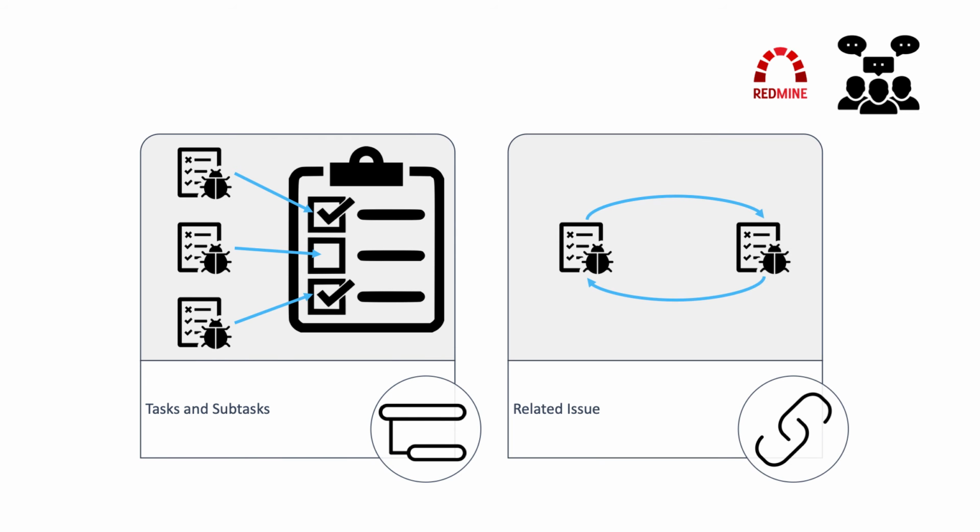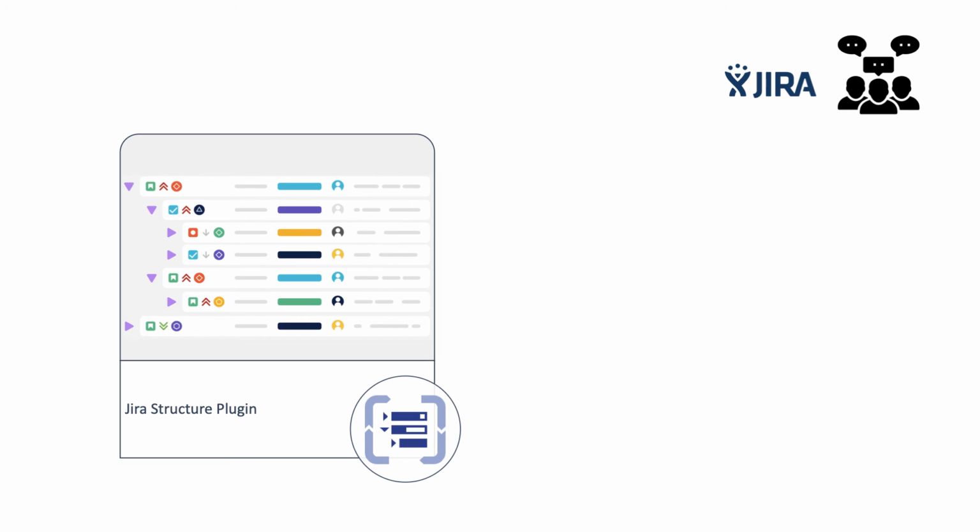In such a case, you can additionally use Redmine's related issues, which can model dependencies between issues of the same project. Another proposal is the structure plugin, in which Jira data, such as issues from multiple Jira projects, can be managed and filtered together in a spreadsheet-like UI. A significant disadvantage of this plugin is that ownership permissions are required for each project, which is usually not applicable in component-based systems.